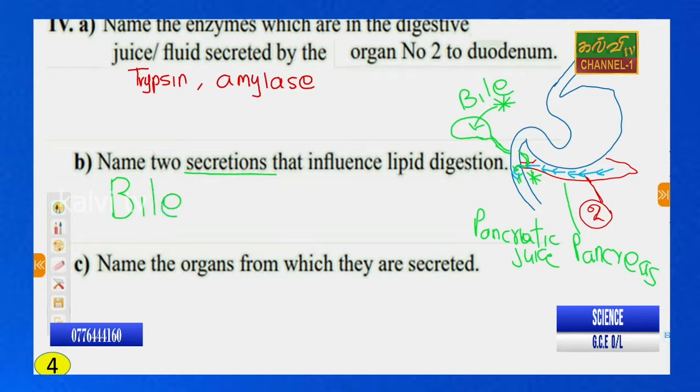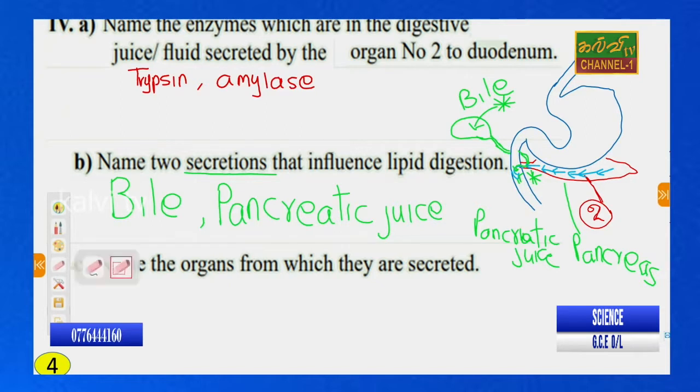Bile, first answer. And second one, pancreatic juice. These are the two answers, right?